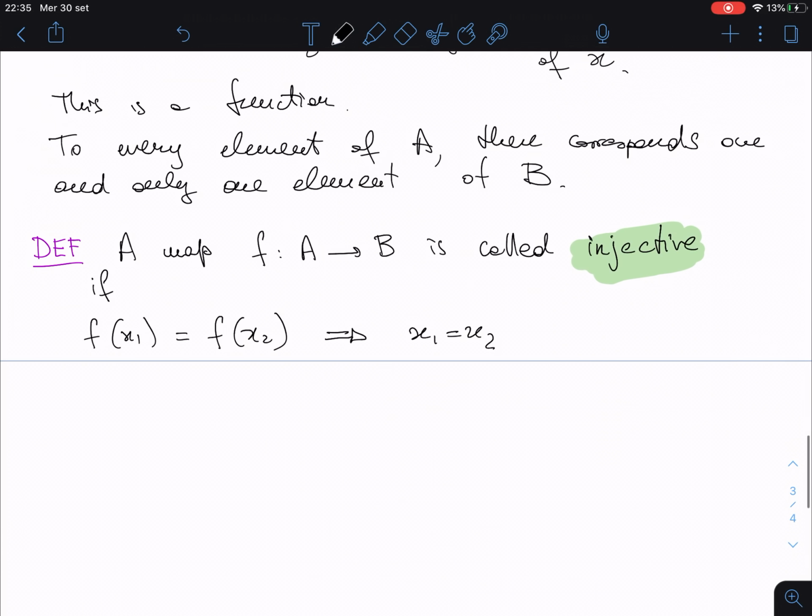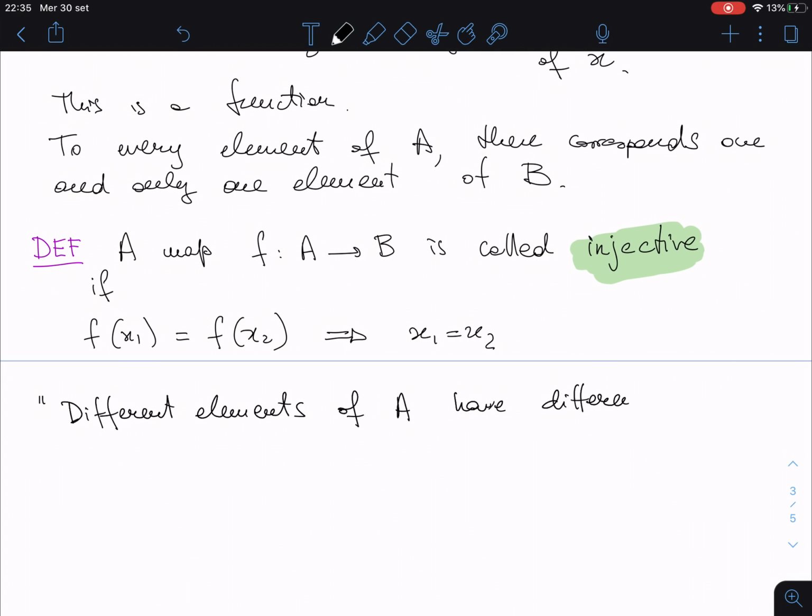So, morally, we can say that different elements of A have different images. Okay, this is the main fact.